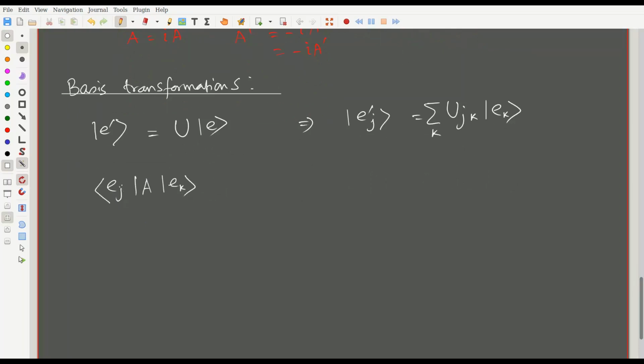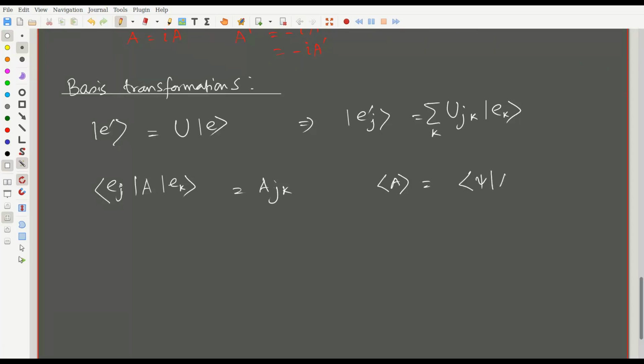So that is your jkth element. This is basically the jkth element of A, if E is your basis vector. So in terms of my old basis vectors, the A jk was given by this. Or rather, basically any expectation value would be given by, say, the expectation value of A would be given by psi A psi.